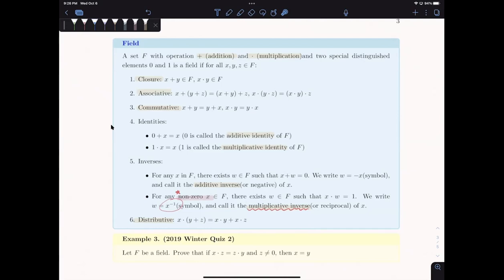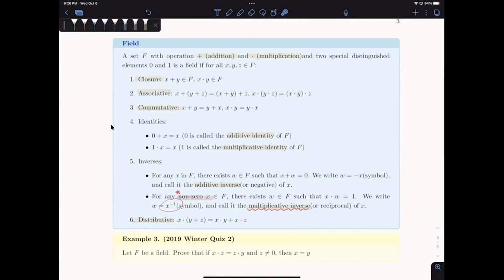Can we just say existence of inverse? You need to mention that it's because it's non-zero. So for example, if you want to multiply both sides by x inverse, you need to say because x is not 0, we know x inverse exists. You need to emphasize the non-zero part. You don't need to prove it's not 0.